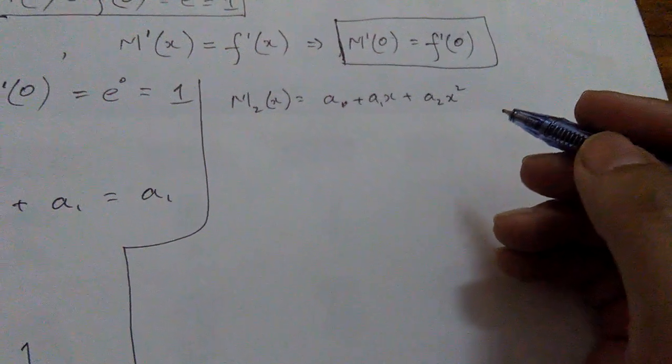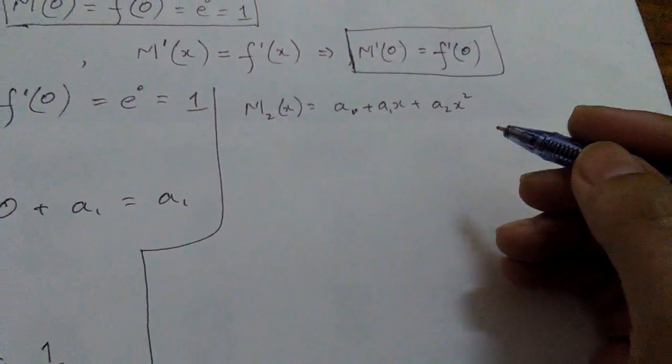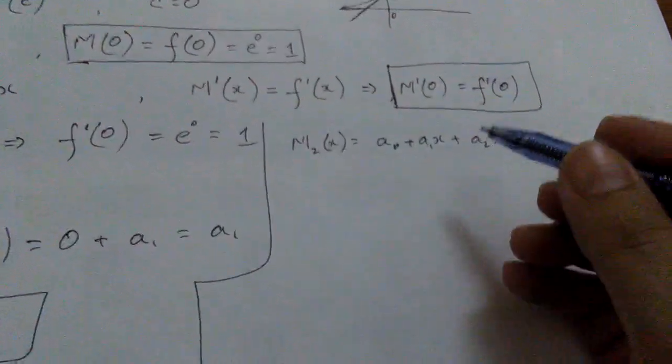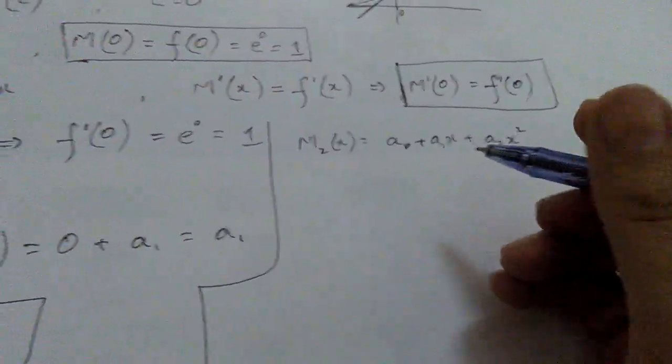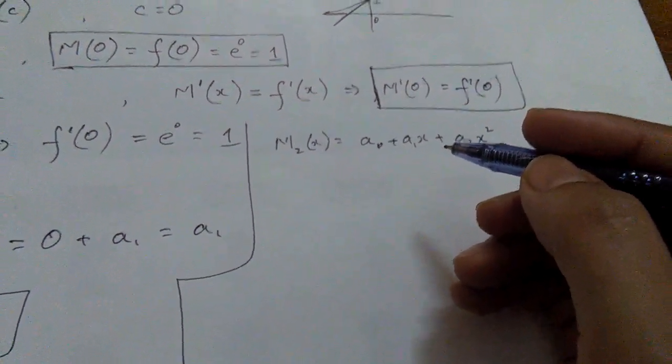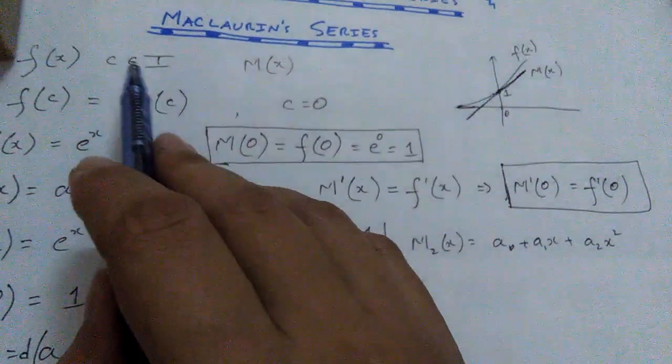The second derivative should also exist in this interval I, because we have said that the nth derivatives should exist within this interval I, where the value of c is present.